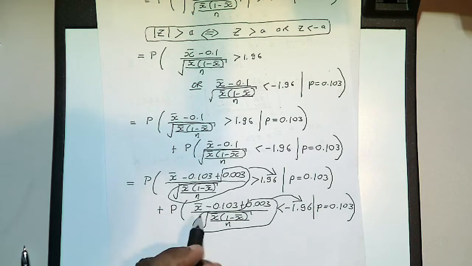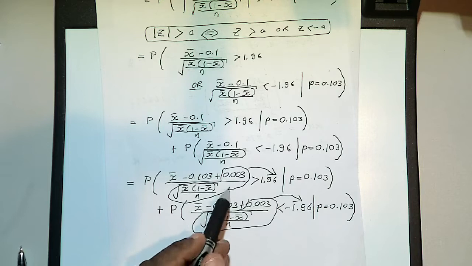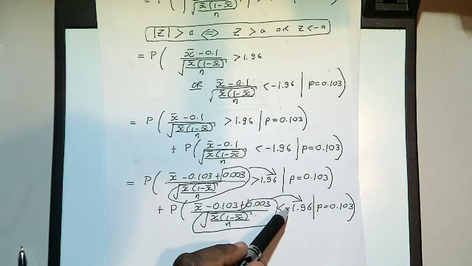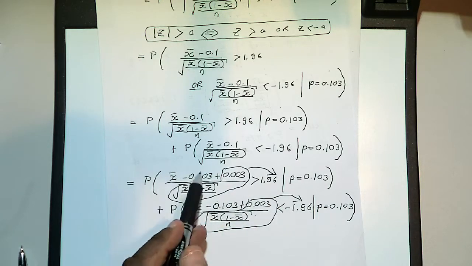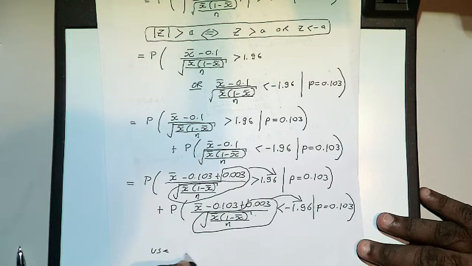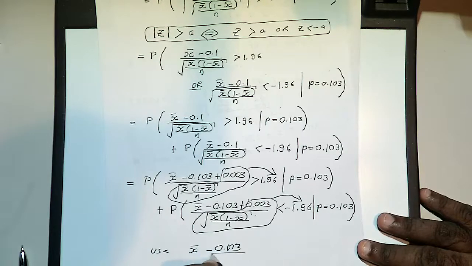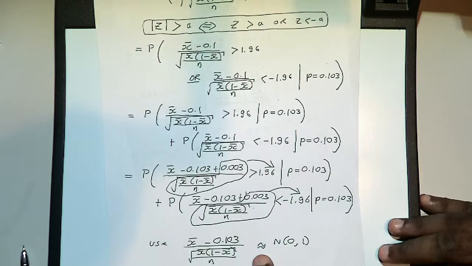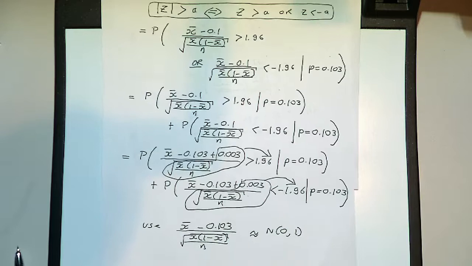To summarize in words: take this to the right-hand side, take this to the right-hand side, and then use the fact that X bar standardized has an approximate standard normal distribution, to simplify the probability.